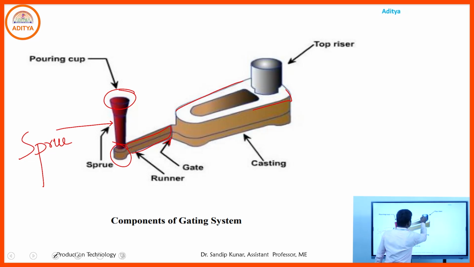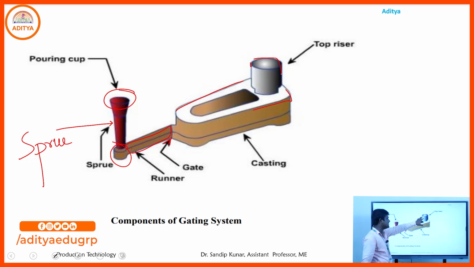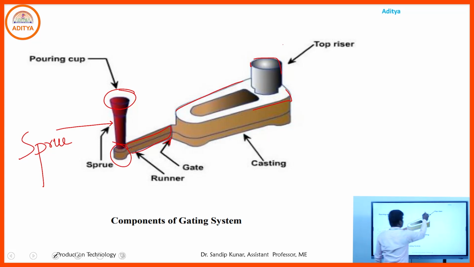That portion is the top riser, where extra metal is reserved. It acts as a reservoir, so when compensation takes place, extra metal comes from the riser.